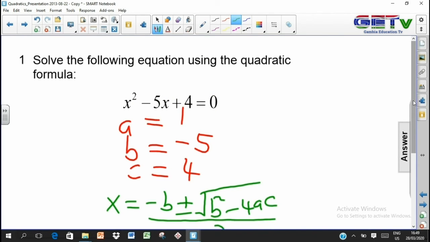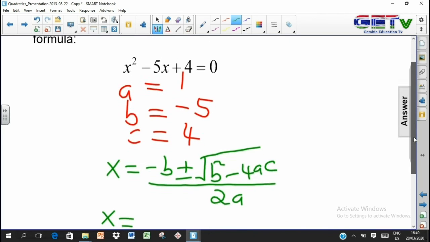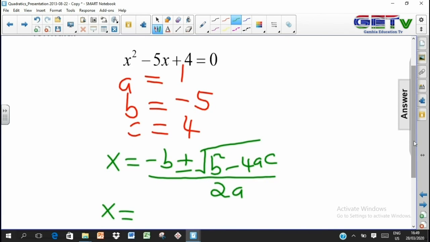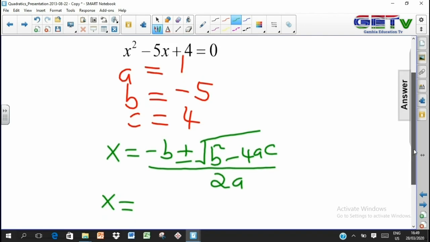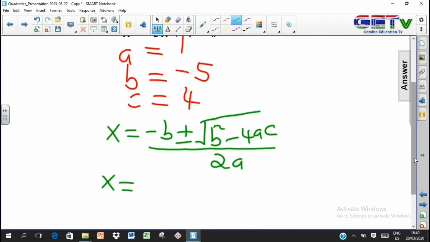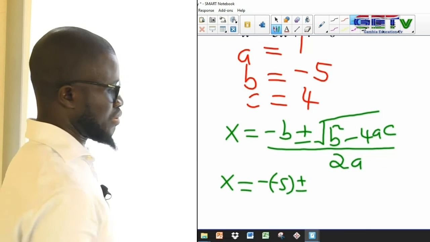As you can see, now we are going to substitute each of these values into the formula. B is -5, but in the formula there is already a negative. So that's going to give us negative in bracket, -5 plus or minus. If you forget this negative sign, you miss it, and that will lead you to a wrong answer.